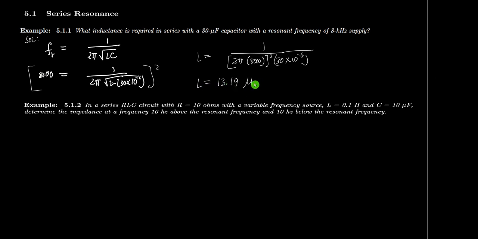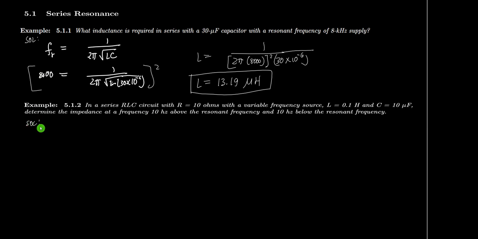The unit is micro Henry, because this is the inductance L. So the inductance required in series with a 30 microfarad capacitor, so that the resonant frequency is 8 kilohertz, should be 13.19 microhenries.